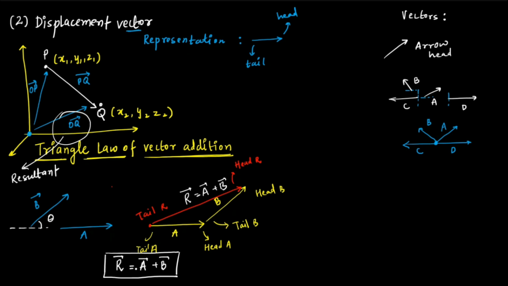Magnitude is calculated in a different way by solving this whole diagram, and direction is basically given by the angle. So what angle this resultant is making with the A vector, that is what we are calculating. Because whenever we have to explain the direction, we just refer to something. Like if you want to explain where a particular shop is to your friend, you give some references. Like after this, you can check it out. Second left, first right, whatever it is.